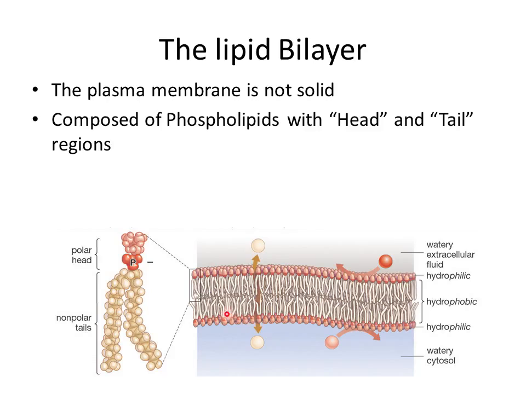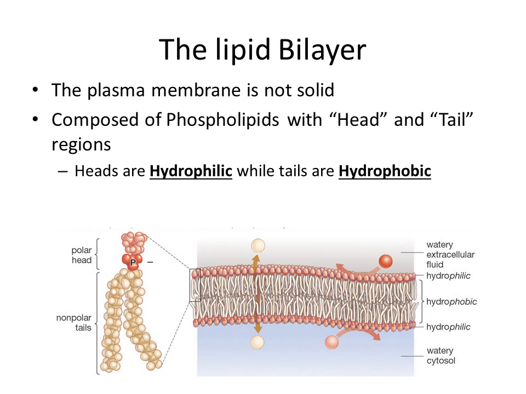Each of these phospholipids has a head portion, which is polar, meaning it's attracted to water, and a nonpolar tail, which means it's repelled by water. So in a lipid bilayer, you have the polar portions of the molecules each facing the water-loving side, and the nonpolar tails all in the middle.